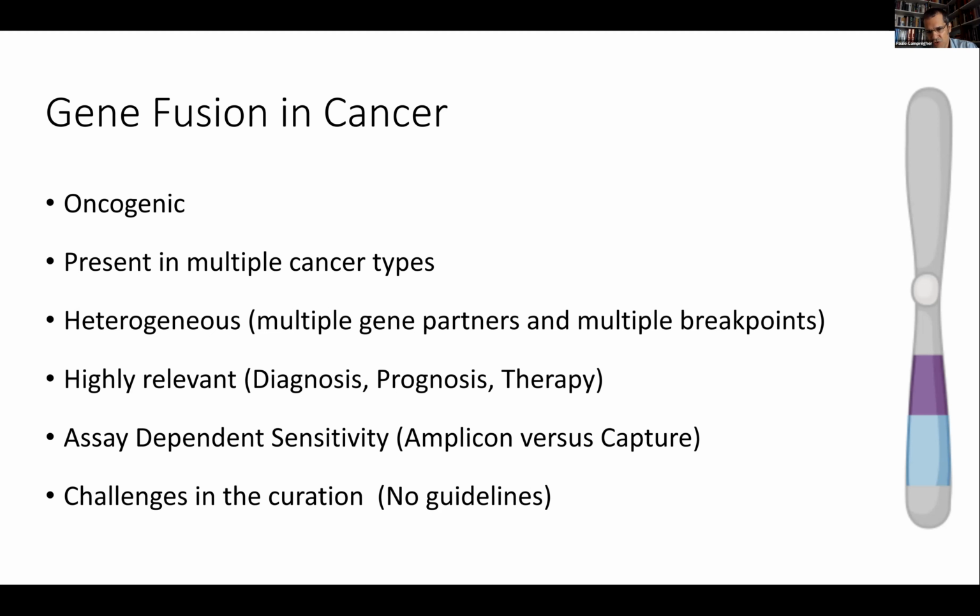So amplicon versus capture, when we talk about library prep, we also have DNA versus RNA, and so on and so forth. And we have challenges in the curation of fusions. No guidelines yet. Soon we will have a guideline for interpreting gene fusions in cancer.